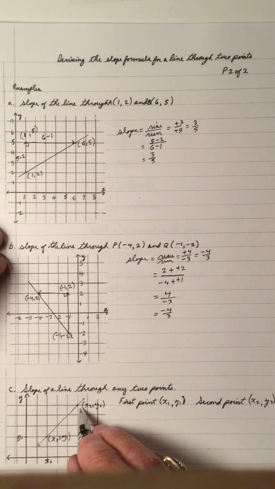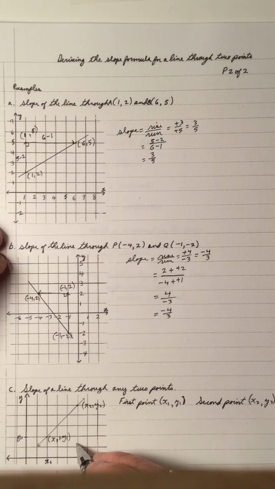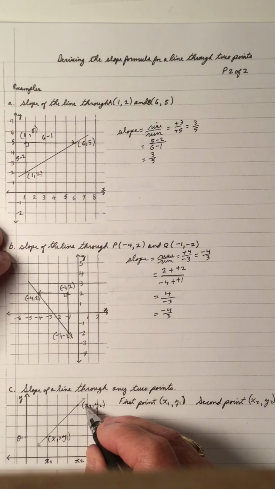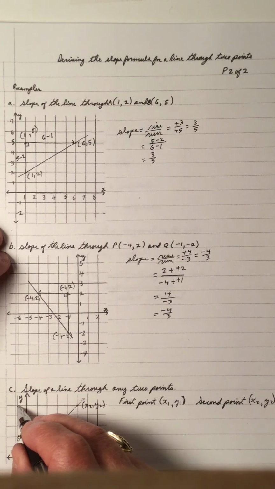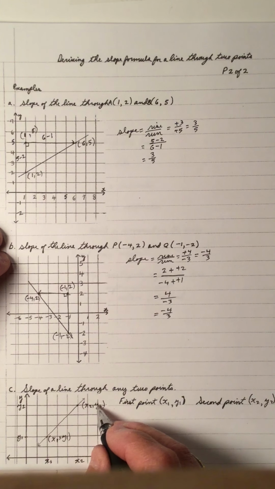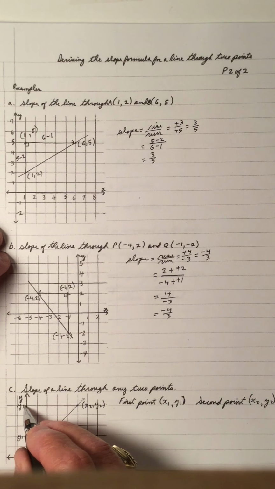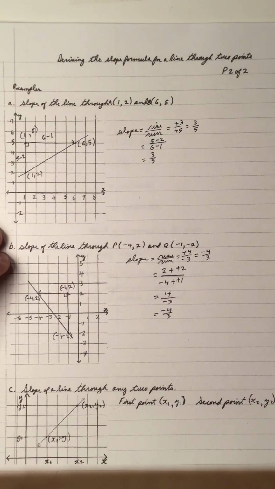And if this point is x2, y2, then this coordinate down here is x2. So if that was a 5, then that would be a 5. If that was a 6, then this would be a 6. So y2 here is this coordinate. That coordinate there is right there. So if that's a 7, then that's a 7.